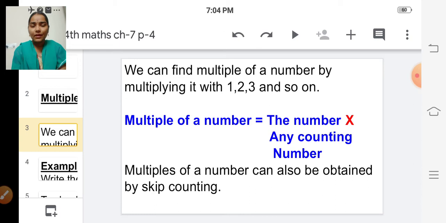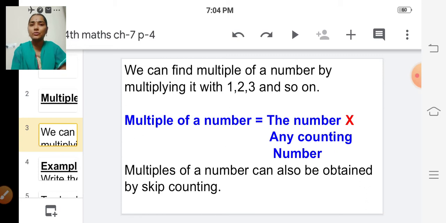And one more method is there. To find the multiple of a given number, we can skip count. So multiples of a given number can be obtained by skip counting.